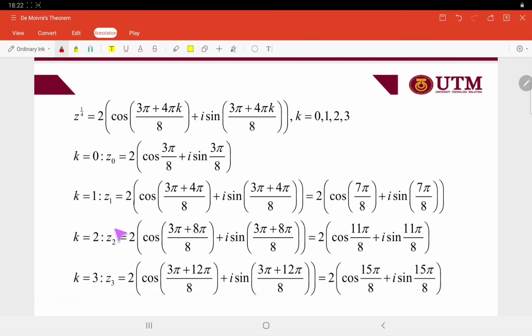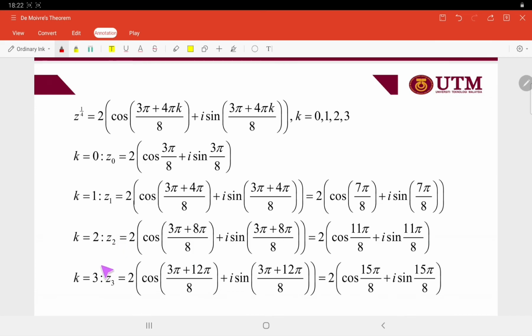For k equals 2, z2 equals 2 cos of 3 pi plus 4 pi times 2, which is 8 pi, divided by 8, plus i sine of 3 pi plus 8 pi over 8. We simplify this and get the answer in terms of this.